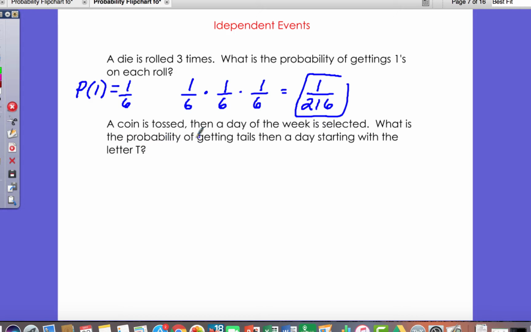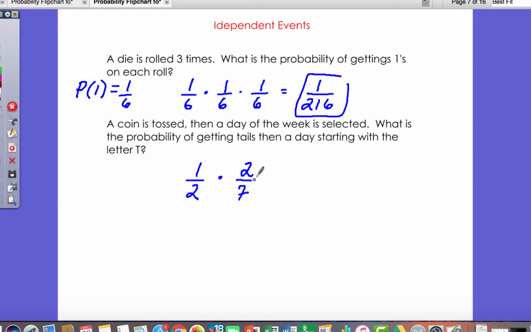Second example: a coin is tossed, then the day of the week is selected. What is the probability of getting tails, then a day starting with the letter T? The probability of flipping tails on an equally weighted coin is 1/2, since there are only 2 sides. The second event is picking a day of the week that starts with T. There are 2 days that start with T, Tuesday or Thursday, so it's 2 out of 7 days a week.